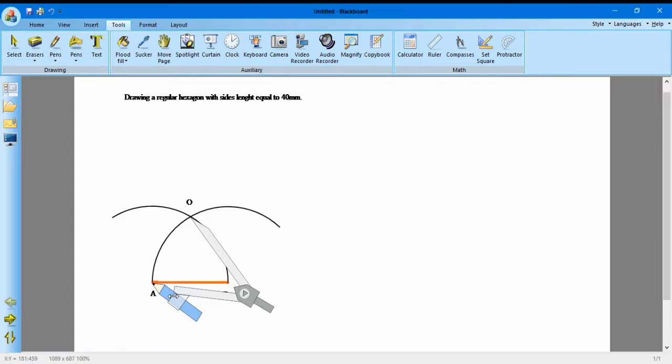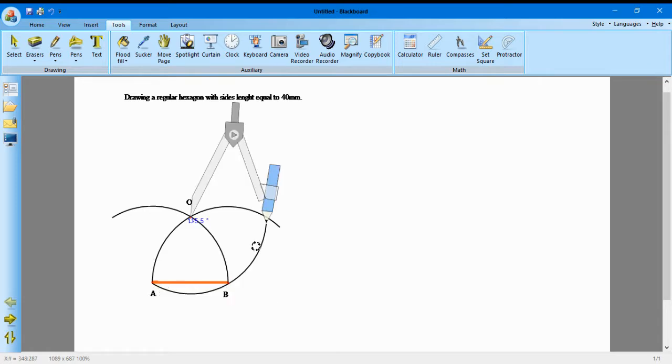So what will I do next? I will scribe an arc, but this time the arc will be a complete one, which is what we call a circle. So I will start from A, going to B, all up, continue to A again until I complete a circle.